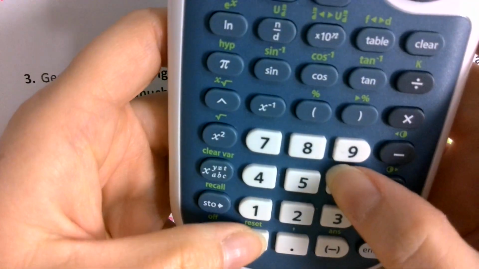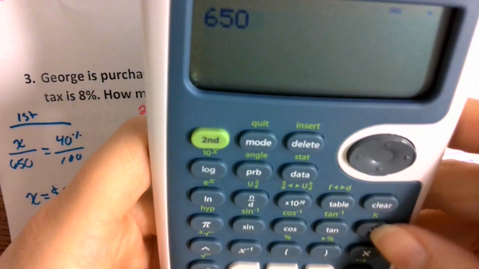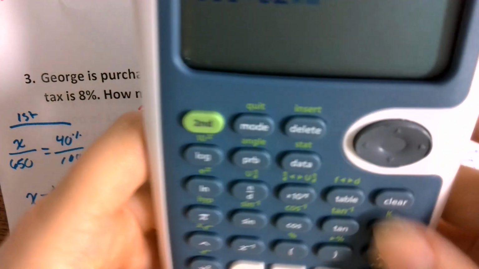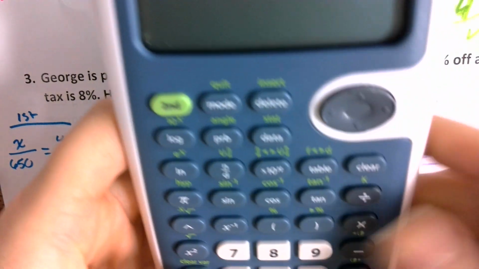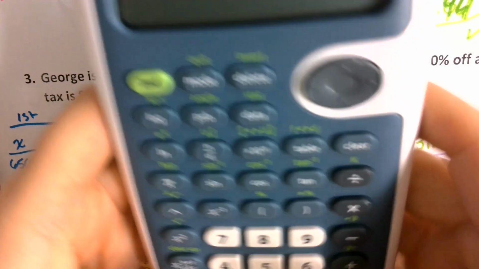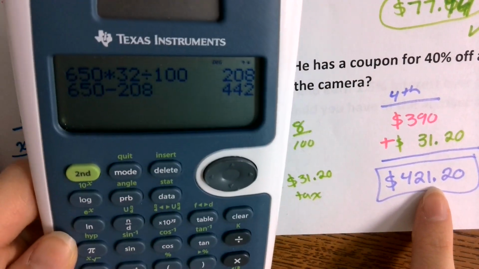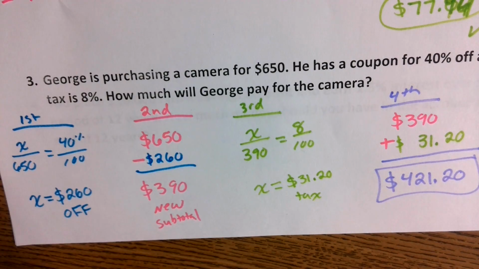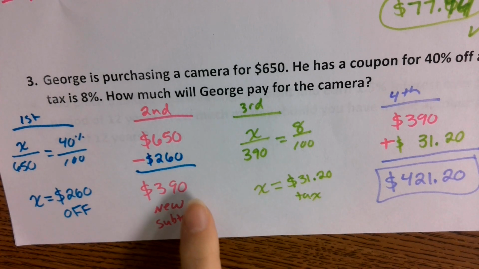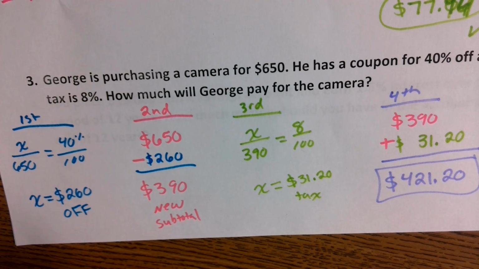So if we do 650 and then we're going to multiply that by 32 and divide it by 100, that's going to be 208. So 650 minus 208, does that come out to the same thing, $421.20? No, it comes out to 442. That's why you can't do that. Because tax is being added to it, but only based off of what our newest discounted value is going to be. Okay? All right.